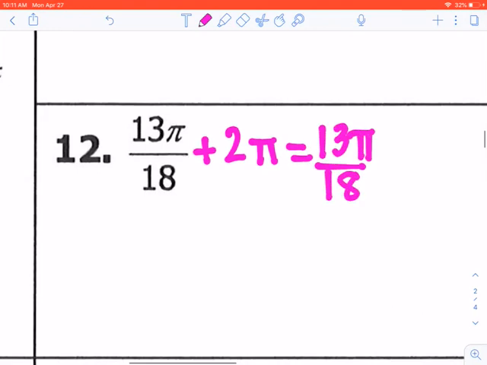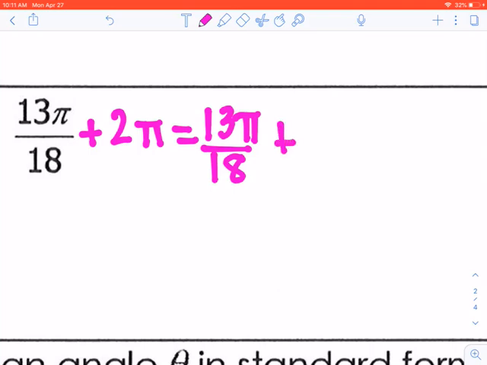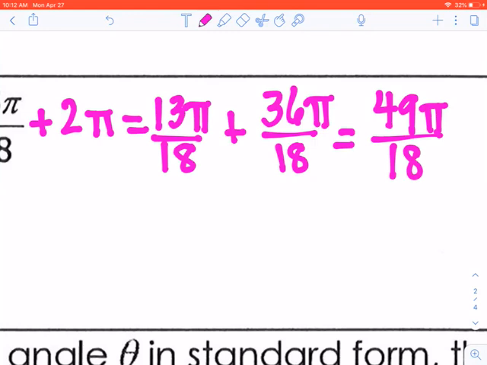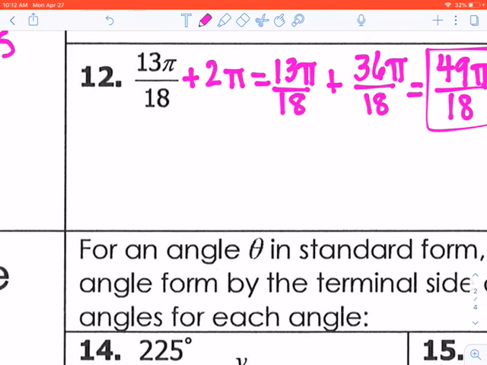So 13 pi over 18, if I'm going to add 2 pi, I'm going to add 36 pi over 18 for a common denominator. Okay, 36 over 18 is 2 pi. And so then you can add the numerators. 36 and 13 is going to be 49 pi over 18. And so this is a positive coterminal angle. Okay, we made a full revolution, and then we added that 13 pi over 18.